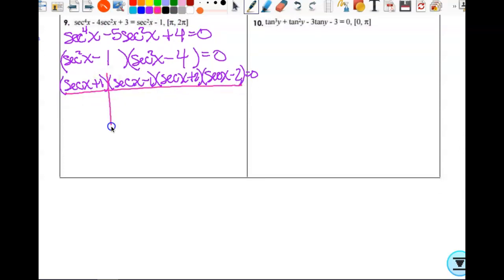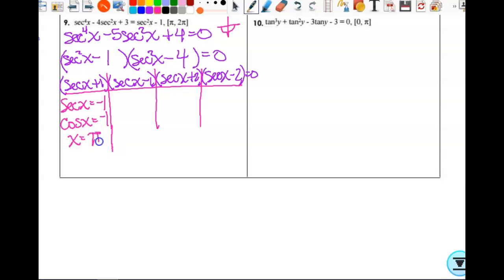Then I can use my zero product property here, and I get that secant x equals negative 1. So cosine x equals negative 1. I'm going from pi to 2 pi. So in that time, when is cosine negative 1?